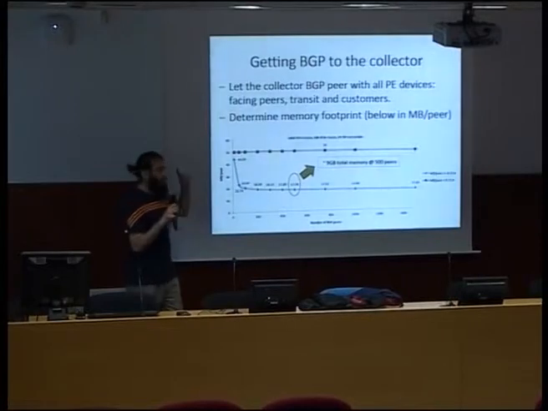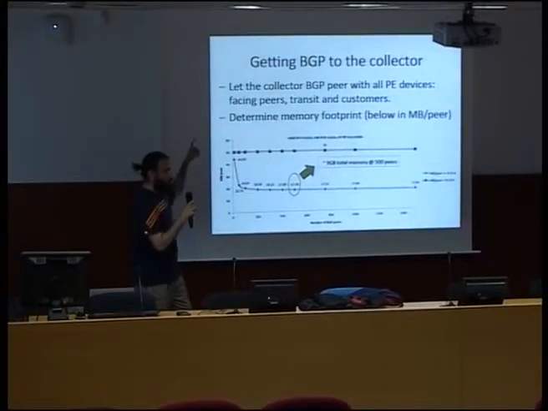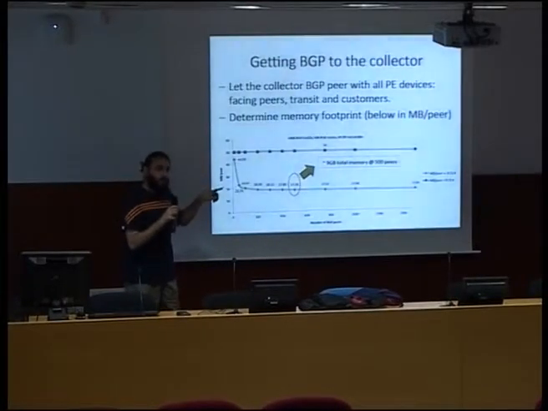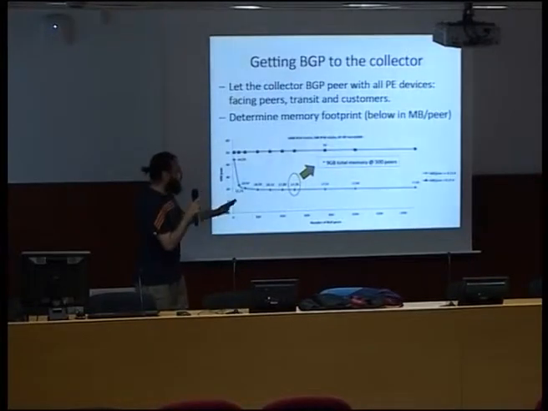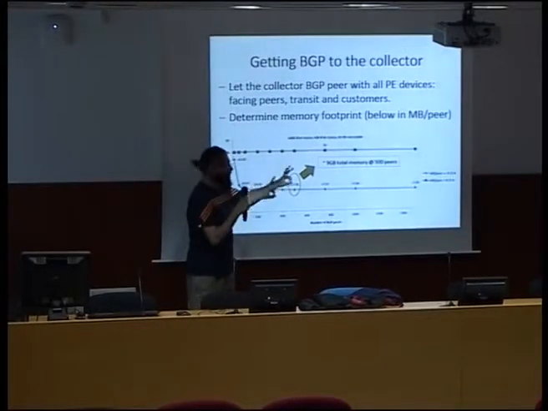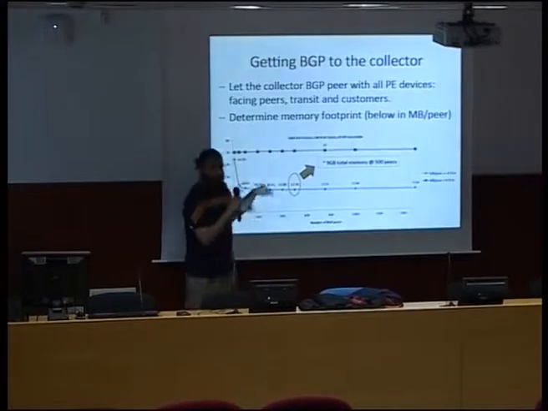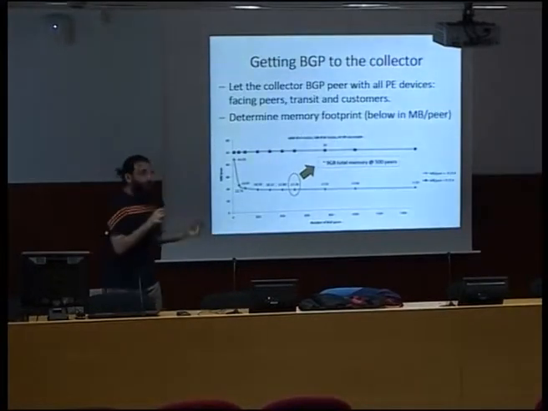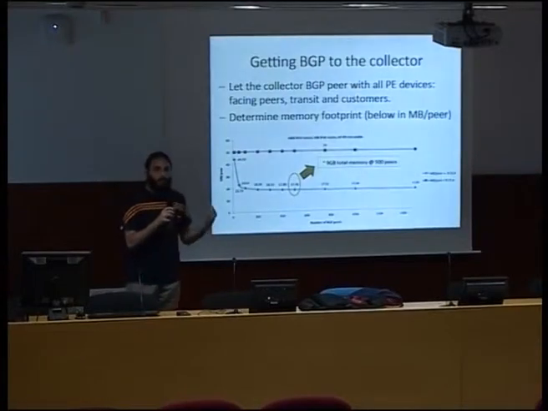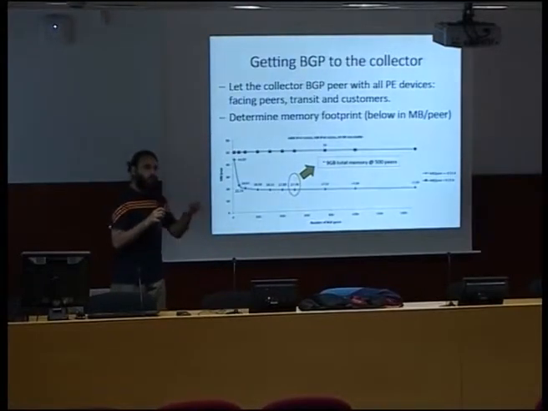If you remember from our slide before, the one where we were visualizing our traffic matrix, they were the yellow balls at the edge of the network, right? They will be facing the peers, the transits, and the customers.